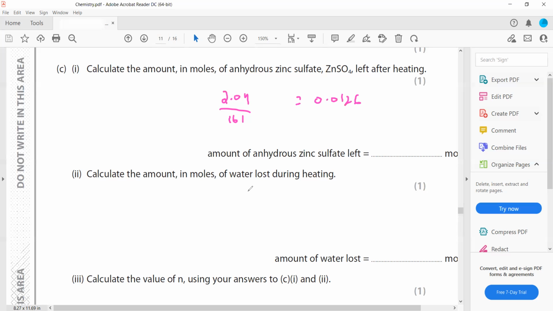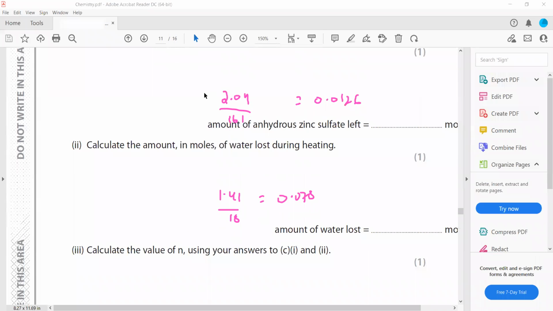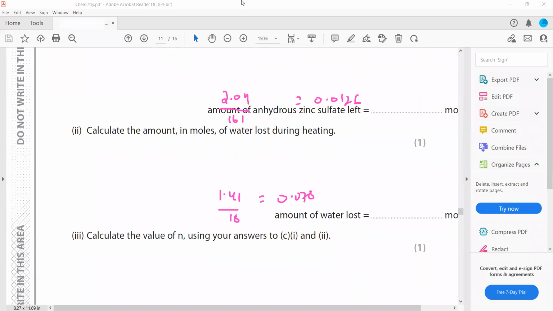Then moles of water, how to work out? The mass of water was 1.41, molar mass is 18. So 1.41 divided by 18, we'll get the number of moles of water, that is 0.078. Then we'll take the simplest ratio because we want to find the value of n. So this was the moles for anhydrous zinc sulfate, 0.0126, and water H2O is 0.078.